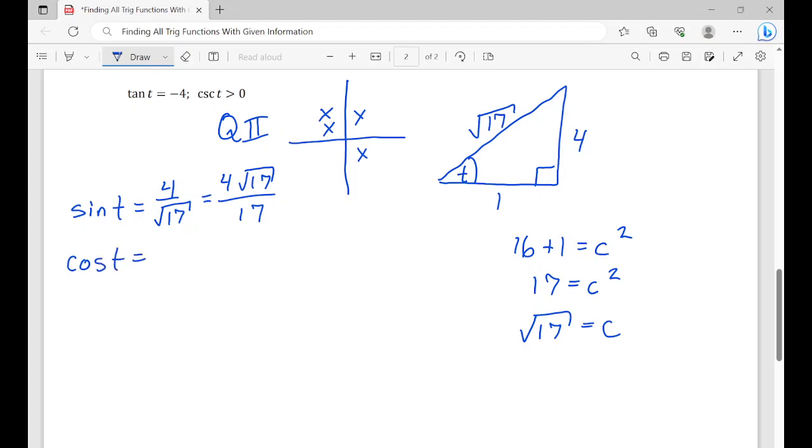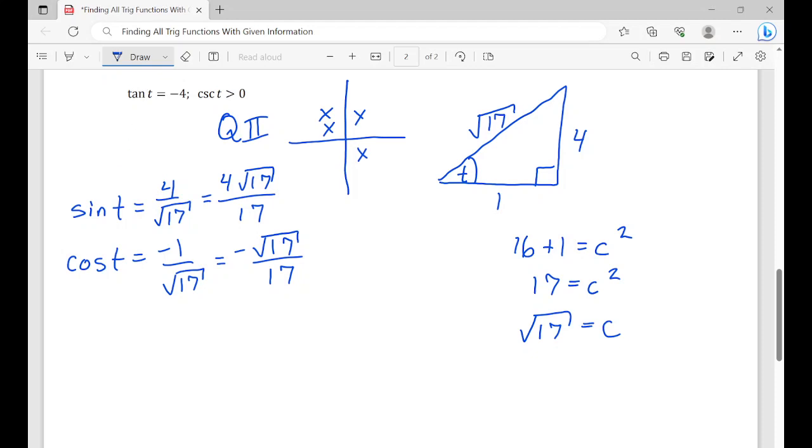Cosine is just adjacent over hypotenuse. So 1 over root 17. And again, we are in quadrant 2, so this is a negative. And again, if you need to rationalize the denominator, it would end up being negative root 17 over 17.